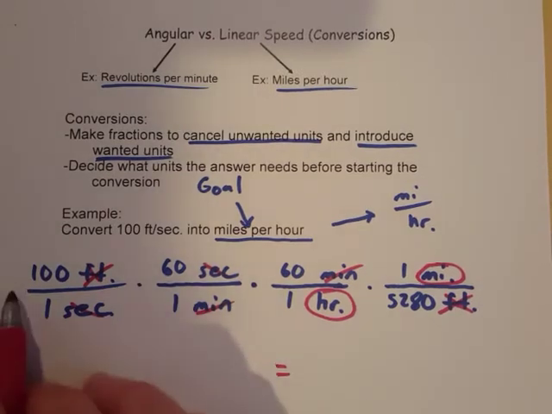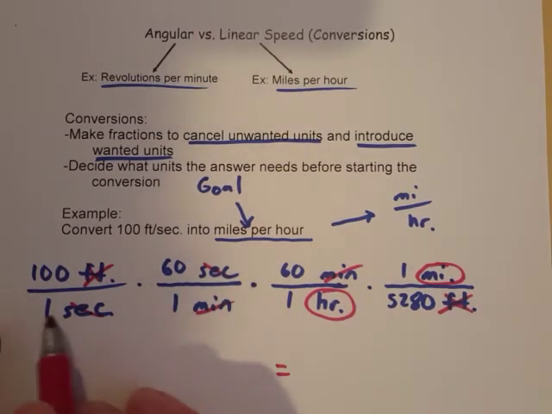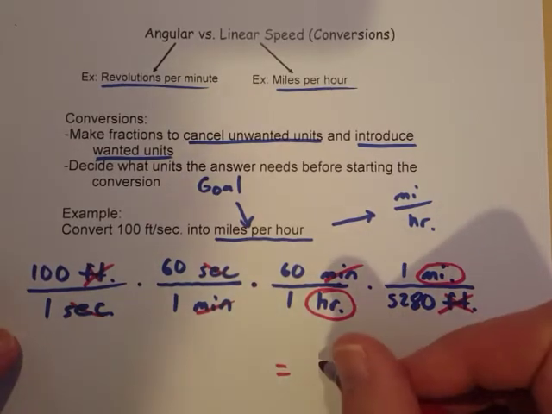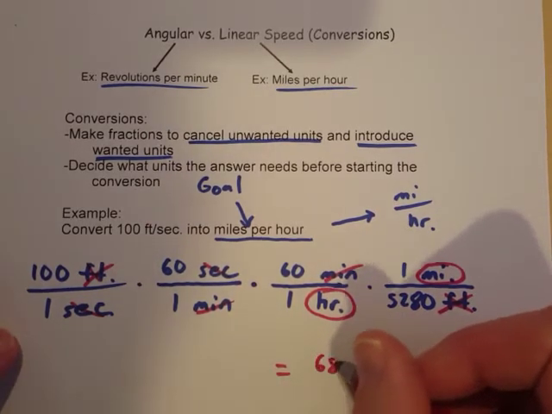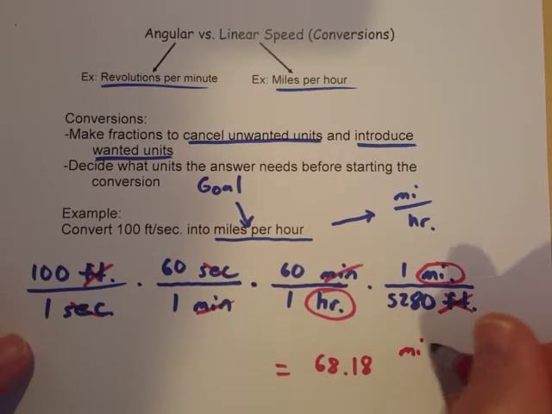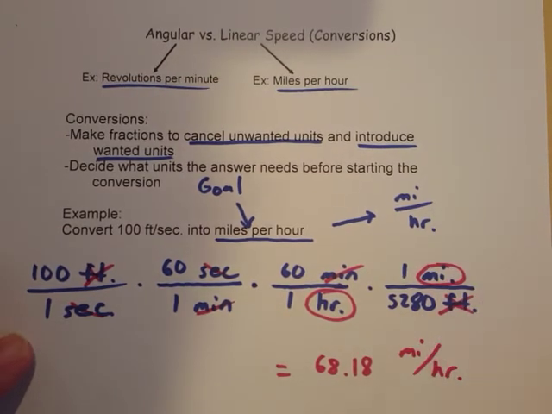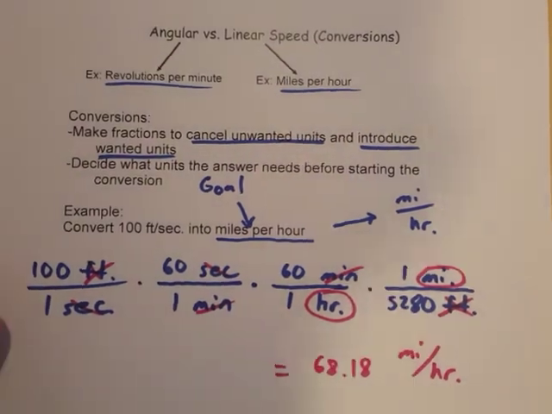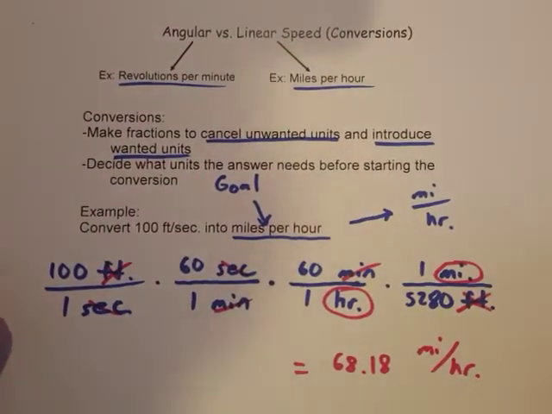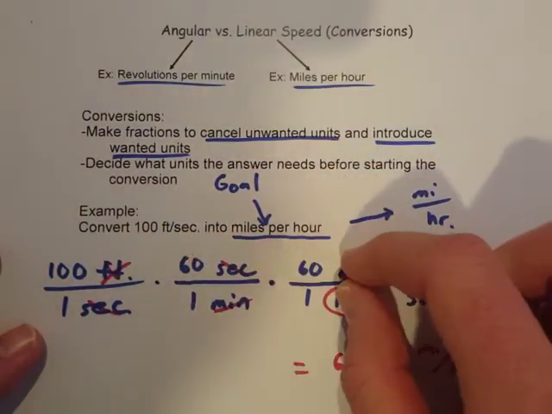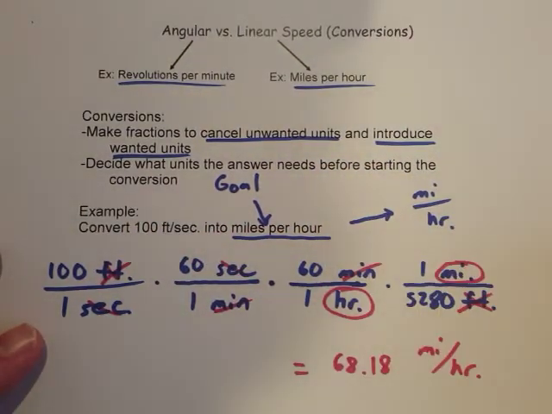So I'm going to multiply straight across the top, straight across the bottom, and after all is said and done, what I get here is about 68.18 miles per hour. Now, one thing that comes up a lot with problems like these, what I've seen in the past a lot, is that people will try to do one fraction at a time, say like, oh, times this equals this, times this equals this.